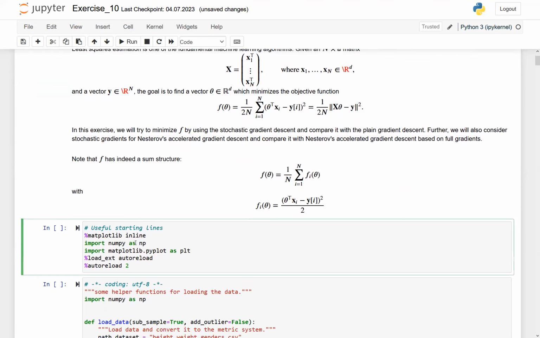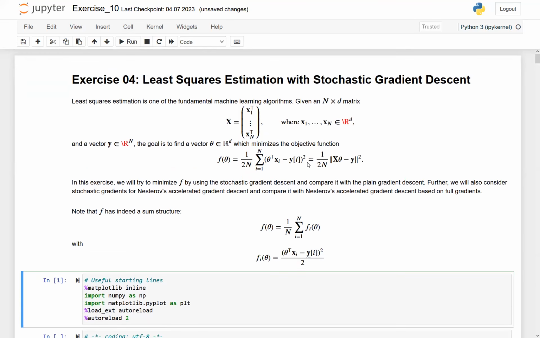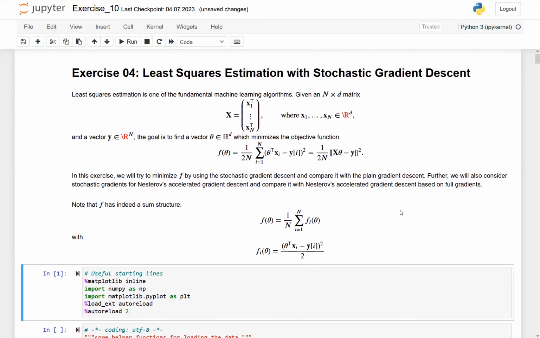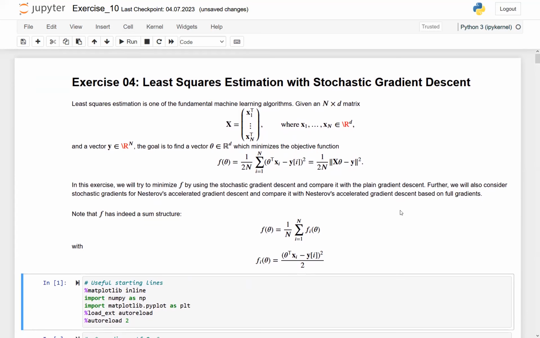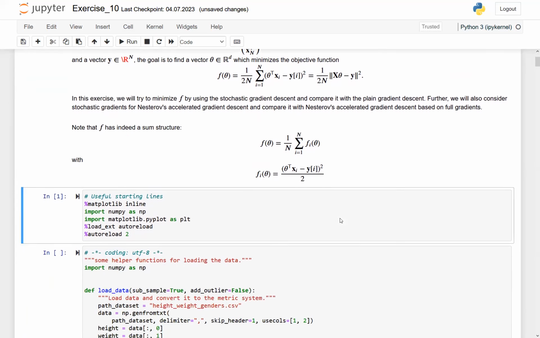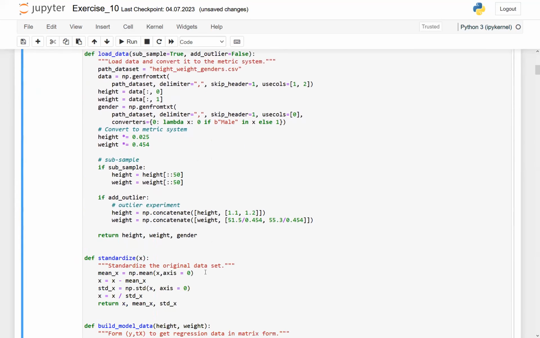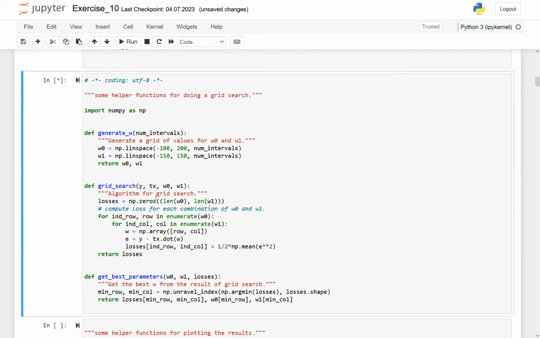Clear. Because what we want to do is simply compare the stochastic variance of gradient descent and the Nesterov accelerated gradient descent with their full gradient counterparts in our usual setting.